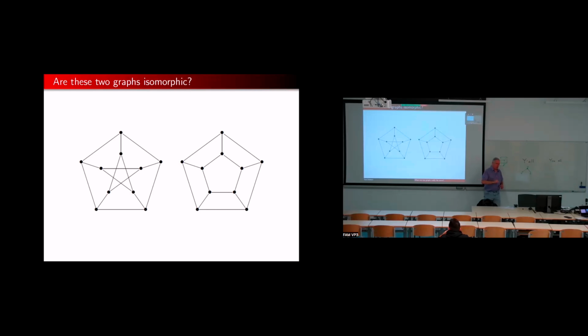Now, another thing that you might have done, and to me this is a little bit more complicated, but for me these cycles really jump out. If you look at this graph, remember that's the Peterson graph, it's got a 5 cycle on the outside and a 5 cycle on the inside.